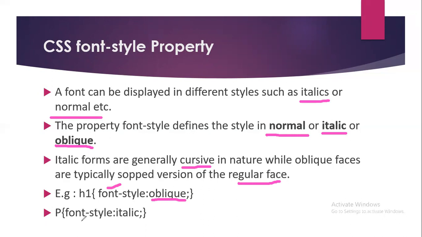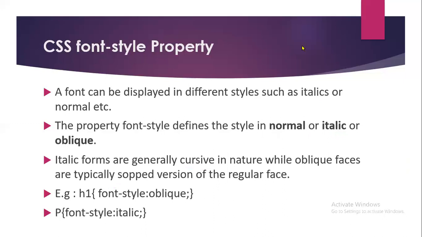For font-style, you want the value to be oblique. Then on another tag, I am defining the italic value for the font-style property because I wanted to see it in italic form. So this way you can apply this.